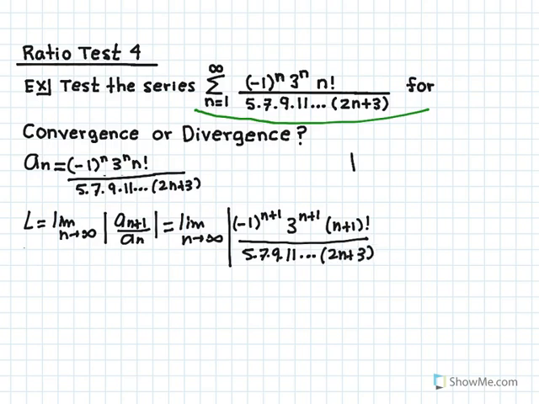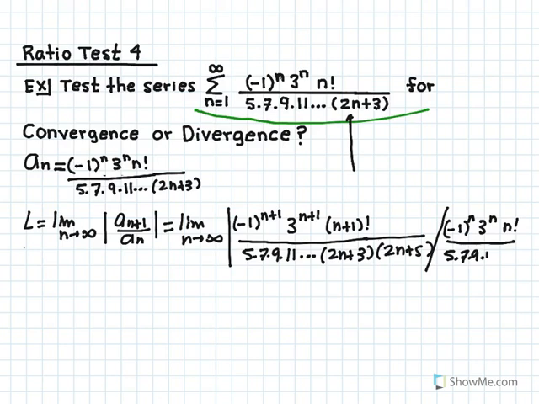But we're plugging n plus 1 here, so we have 2 times n plus 1 plus 3. That gives us 2n plus 2 plus 3, which gives us 2n plus 5 as the last term. Divided by negative 1 to the power of n times 3 to the n times n factorial divided by 5 times 7 times 9 times 11, all the way up to 2n plus 3.